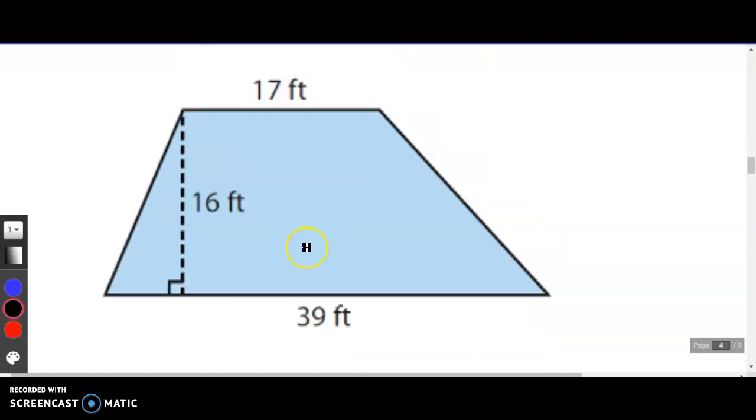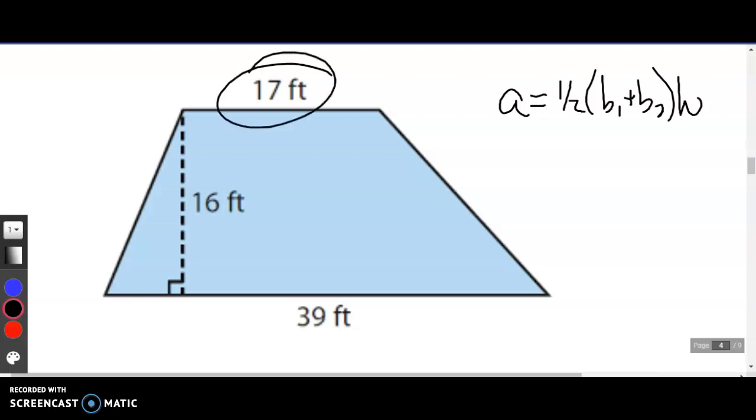Moving on, we have a trapezoid. Remember, the formula is area equals half times B1 plus B2 times H. Or we can say, let's average 39 and 17. In order to average 39 and 17, you'd do 39 plus 17, which equals 56.